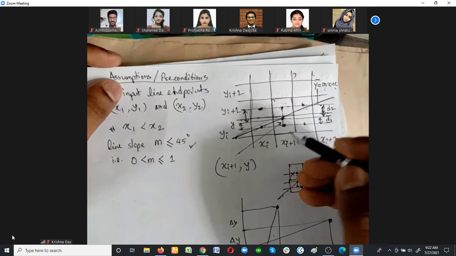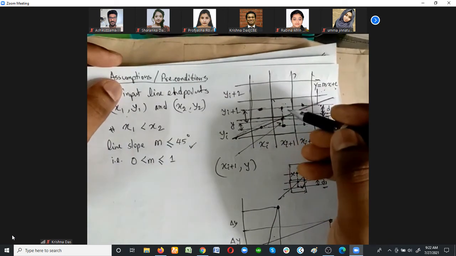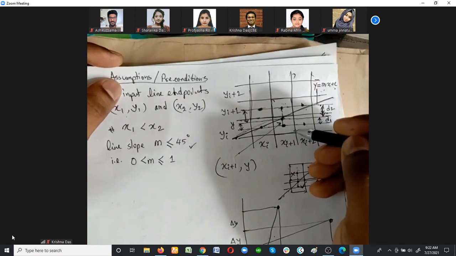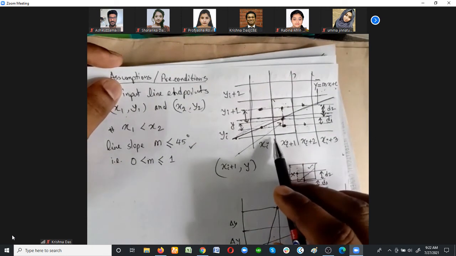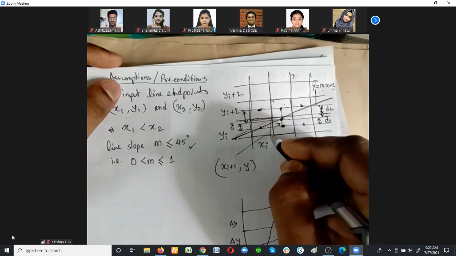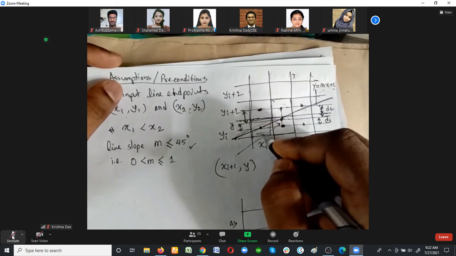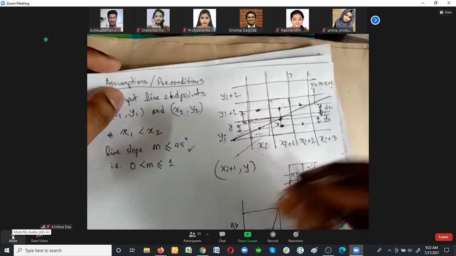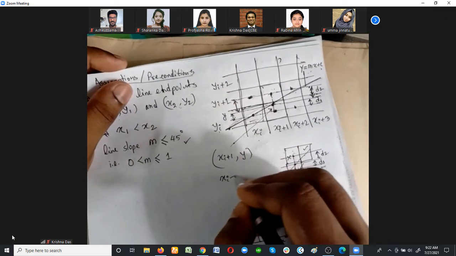A new coordinate may mean incremented by 1, but in some cases it may be the previous one, like the example I have drawn. What was the first pixel that I selected, this one? And what was my coordinate value for it? xi, yi. So I have considered xi, yi as my first one.